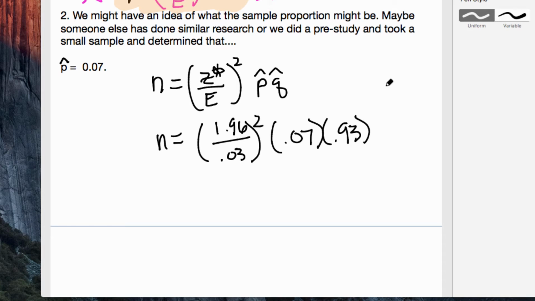So now I'll go through and do some math. 1.96 divided by 0.03, and then I'm going to square this on the calculator. Then I'm going to multiply that answer by 0.07, and then multiply that answer by 0.93. I got a wrong answer. Let's try this again.